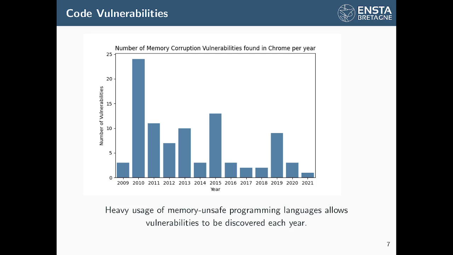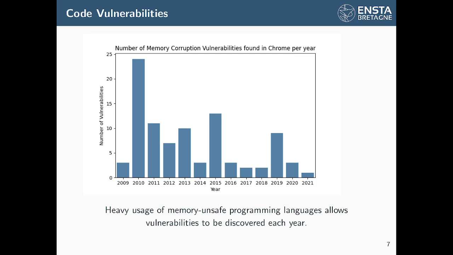I just looked into the number of memory corruption vulnerabilities that can be found in Chrome per year. I'm using this graph because when I present the JIT attacks, often the attackers suppose that there is a memory corruption vulnerability somewhere in the VM or somewhere in the application.